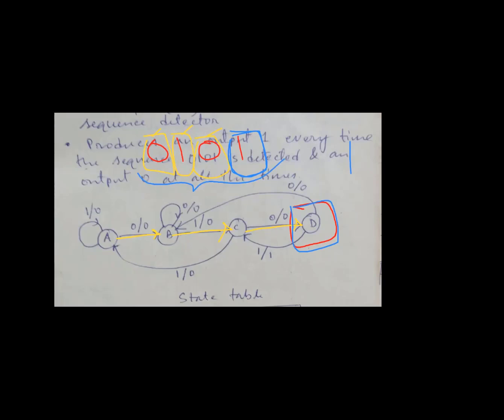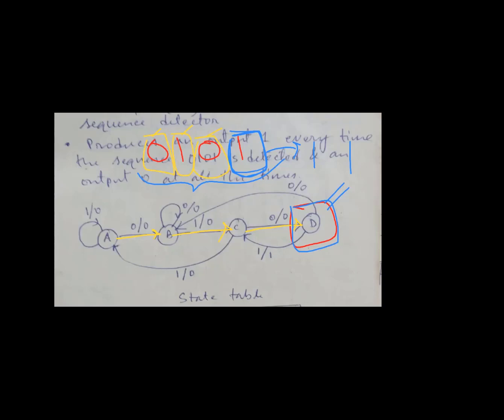So when we are over D and input is 1, then our sequence simply completes. So remember, for this case, the output for this bit should be 1. Number 2, what should be the next state? Should we draw the next state as E?